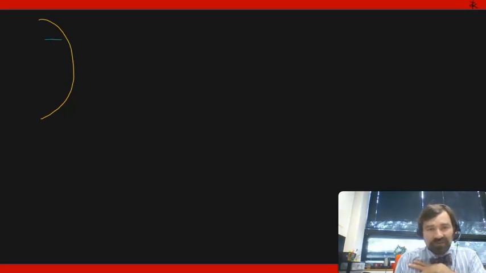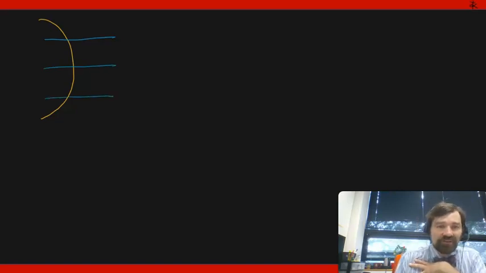At different points on the semicircle, we're going to have a different local dL vector. So right here, my dL vector is like this. Right here, my dL vector is like this. Right here, my dL vector is like this. So these are different dL vectors as I go around the circle.